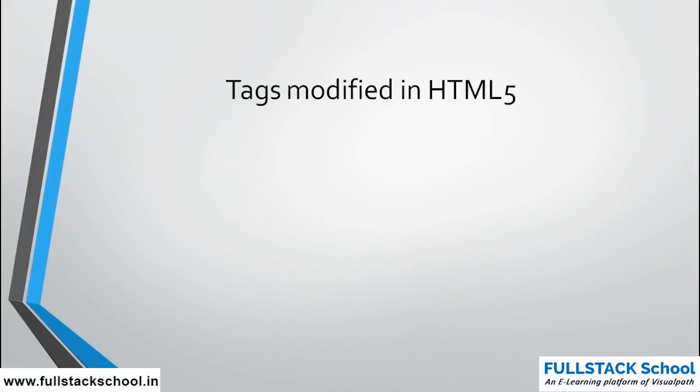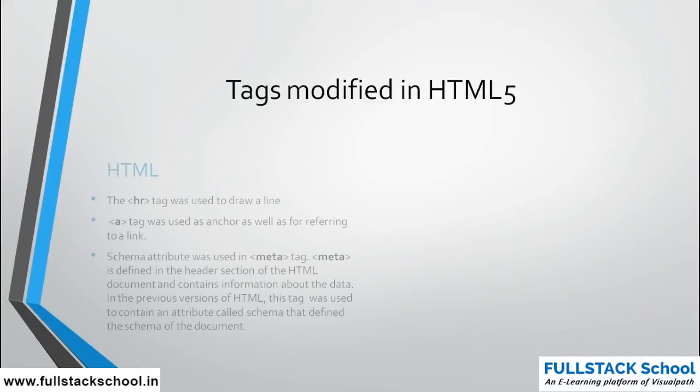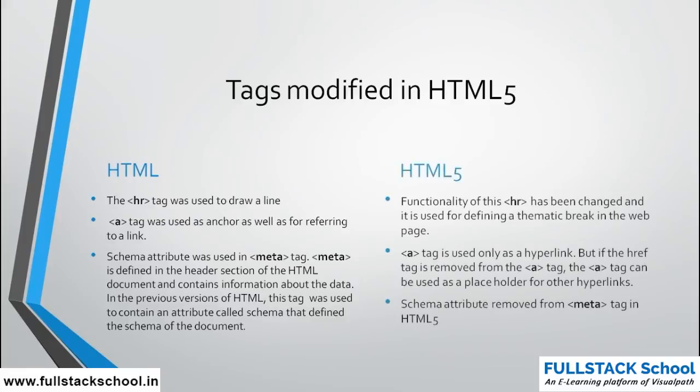Now we'll learn about modified tags in HTML5. In HTML4, the HR tag was used to draw a line, but in HTML5 the functionality of this HR tag has been changed and it is used for defining a thematic break in the web page.